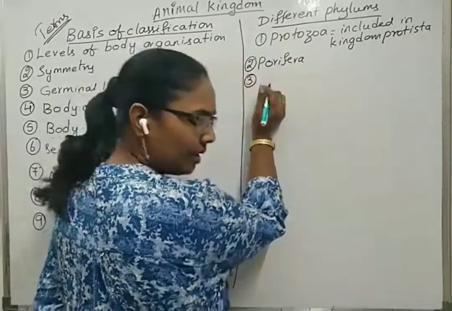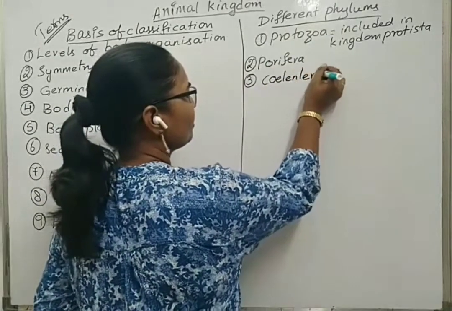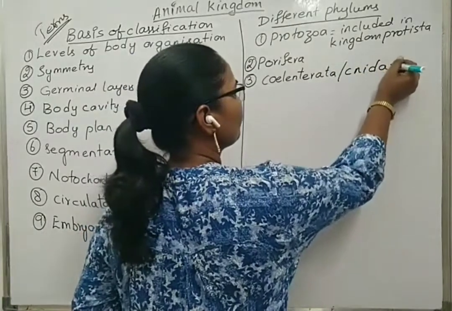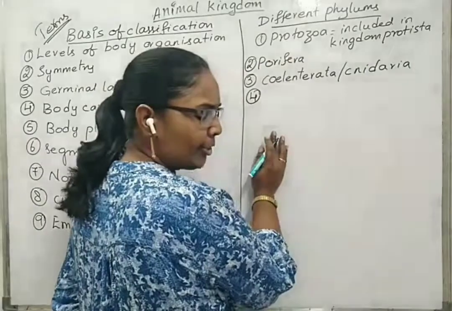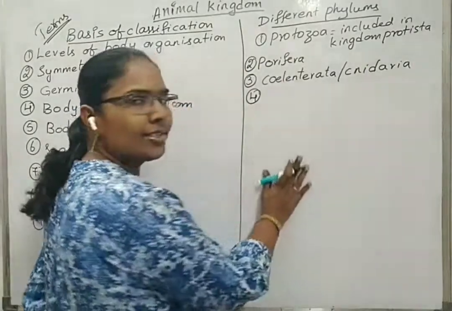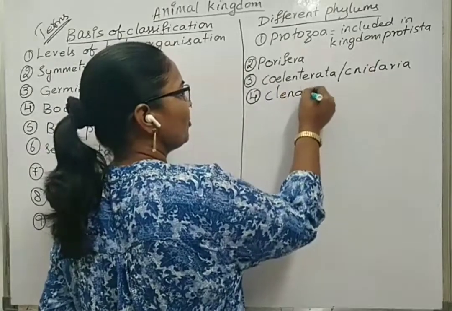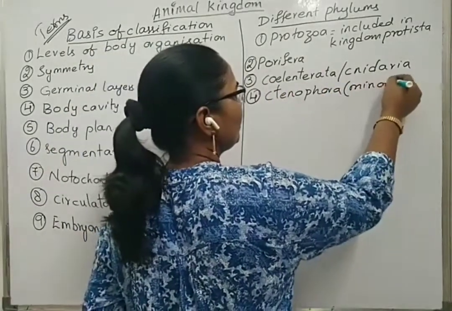Next, third one, Coelenterata or Cnidaria. Next one is Ctenophora. Ctenophora is considered a minor phylum.